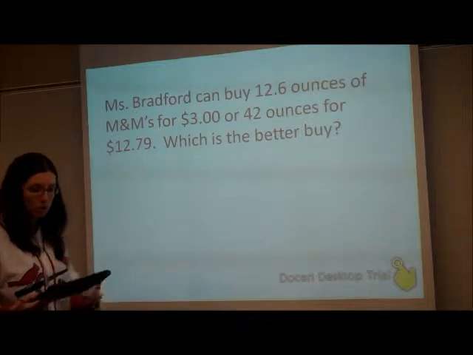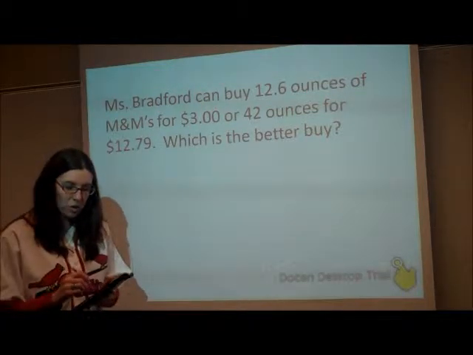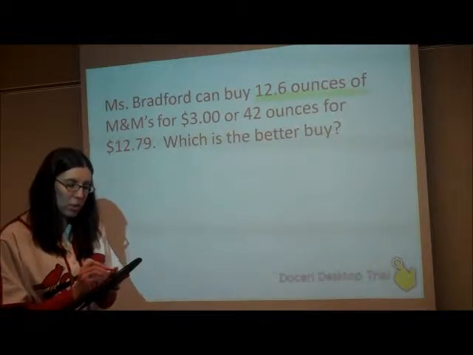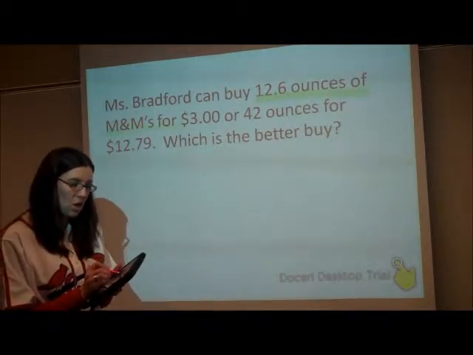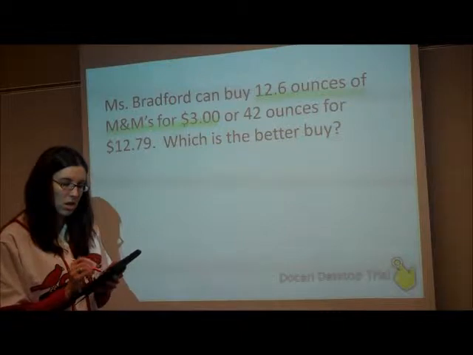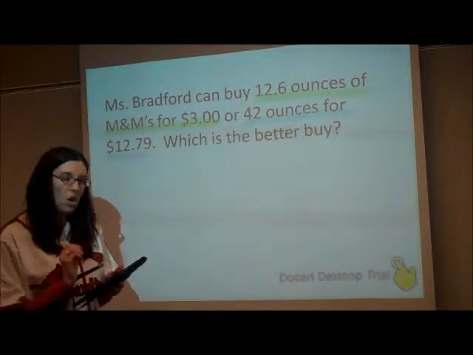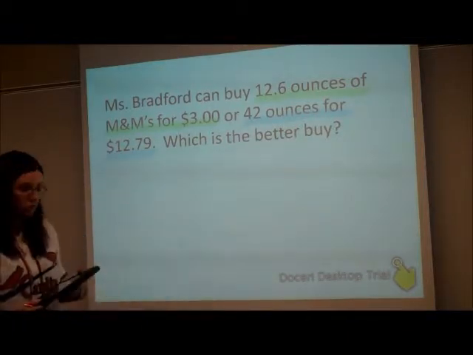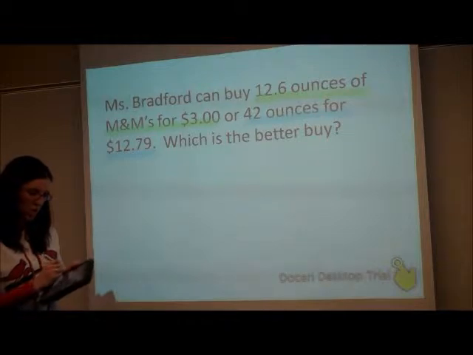So the first thing I'm going to do is go through here and look for my 2 relationships, okay? So one is that I am buying 12 and 6/10 ounces for $3, and then I am buying 42 ounces for $12.79. Those are going to be my 2 rates that I'm going to start with.